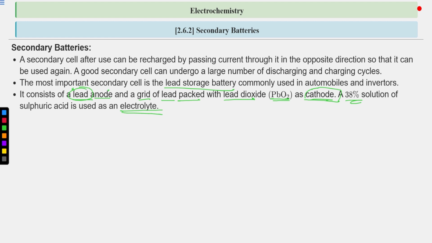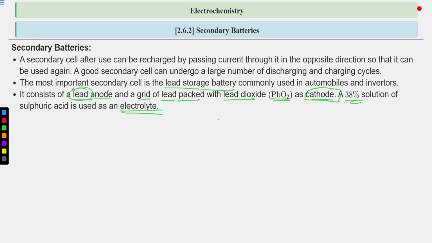Other than the anode and cathode, we should also know about the electrolyte, right? It is the medium through which the anode and the cathode interact with each other.